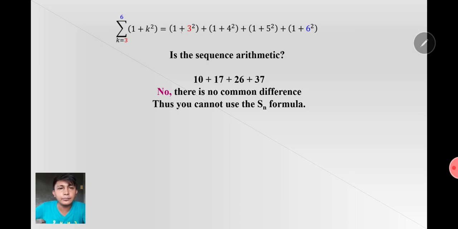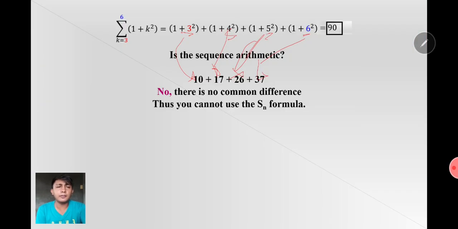So, 3, 4, 5, 6. Ang sum niya, we have 1 plus 3 squared, we have 10. 1 plus 4 squared, we have 17. 1 plus 5 squared, we have 26. And 1 plus 6 squared, we have 37. Ay, hindi pala 24, wala naman siyang talagang common difference. So, we cannot use the S sub n formula. So, makuha natin ang sum niya by merely computing it. Pwedeng manual, pwedeng using calculator.